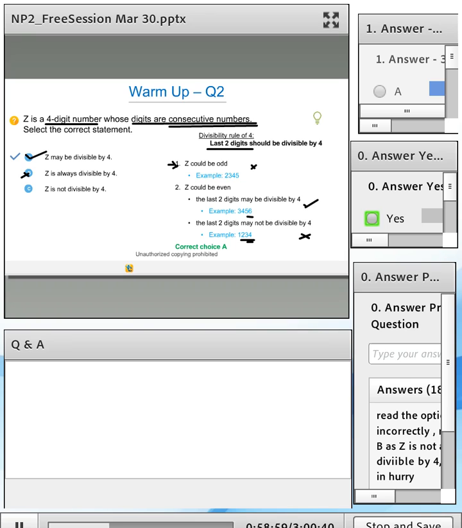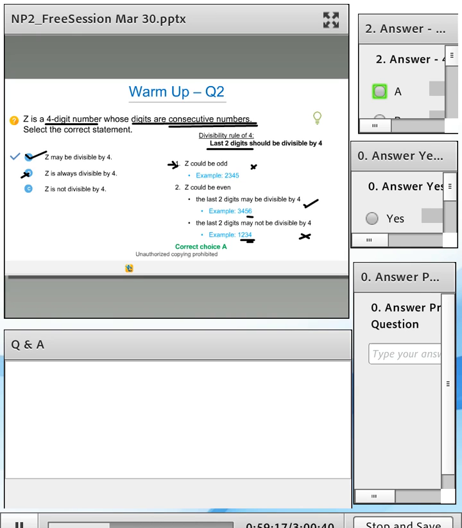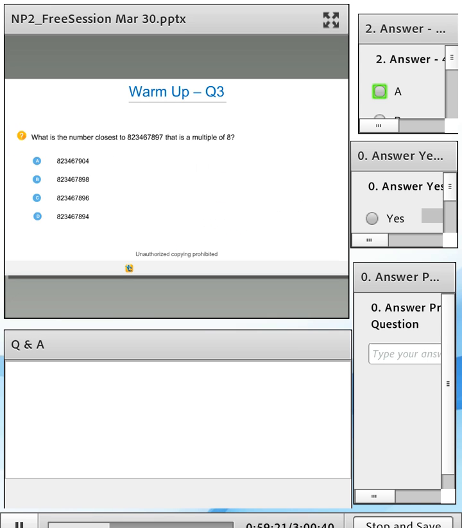Okay, so now let's come to question number 3 here, and this one has 4 choices. So let's click on still solving. All right, here you go. Question number 3.